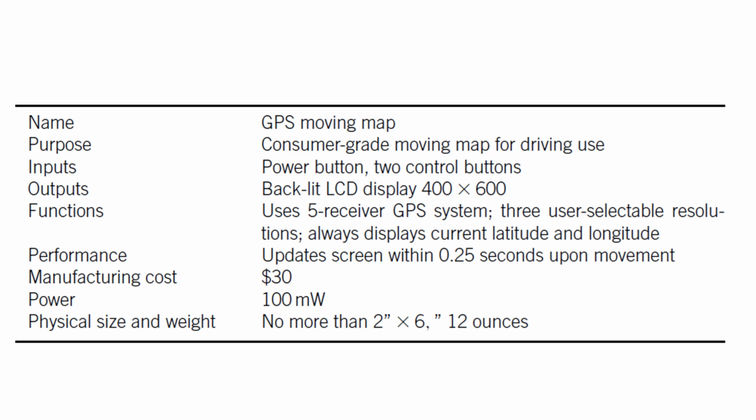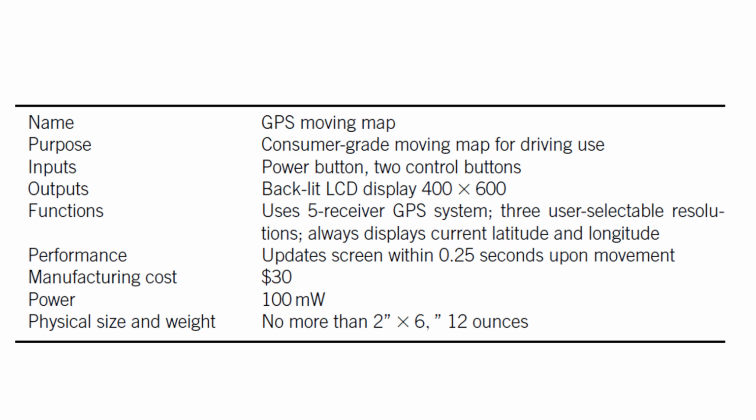So here the name of the system is GPS moving map and the purpose of the system is a moving map for driving use. The input for the system is control buttons which are used to move up and downwards, and a power button. The output should be indicated on the LCD display that could be of size 400 by 600 pixels.